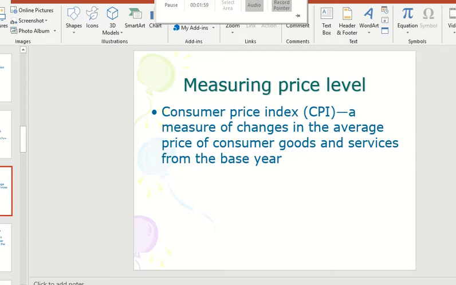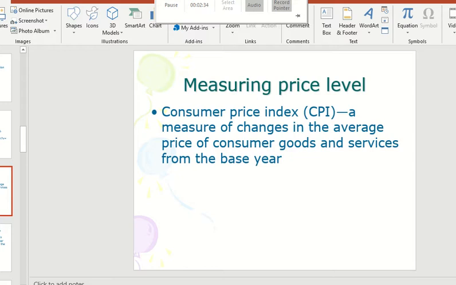What economists and statisticians do is carry out a survey of a large sample of urban consumer households. They ask what type of consumer goods and services they spend on: food, clothing, entertainment, transportation, education, and so on.